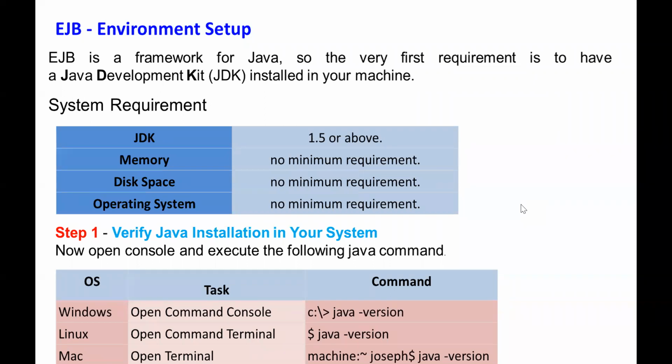EJB is a framework for Java, so the very first requirement is to have the JDK. JDK is the Java Development Kit, which you install in your system. This is the first step in setting up the environment of EJB.